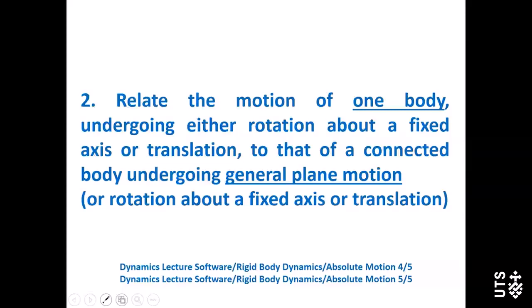Now, let's look at how to use the absolute motion analysis method to relate the motion of one body undergoing either rotation about a fixed axis or translation to the motion of a connected body undergoing general plane motion.